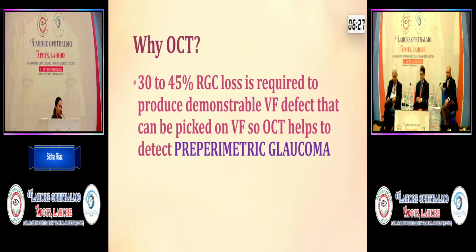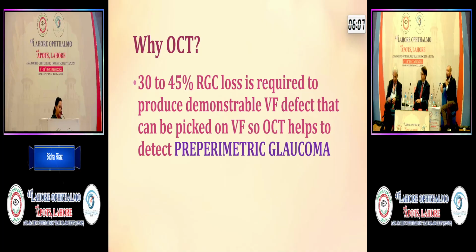Why OCT? Because 30 to 45% of retinal ganglion cell loss is required to produce demonstrable visual field defects. SWAP, that is short wavelength automated perimetry, can detect this early visual field defect, but OCT can do it before that.